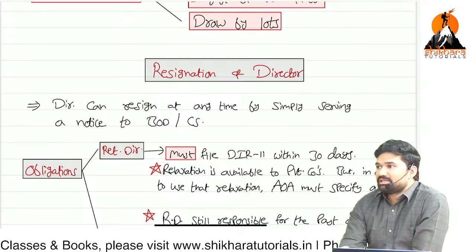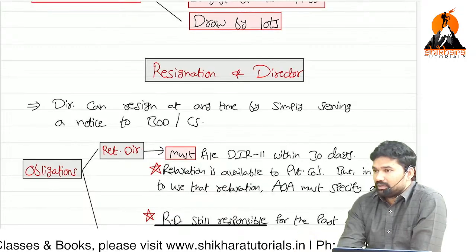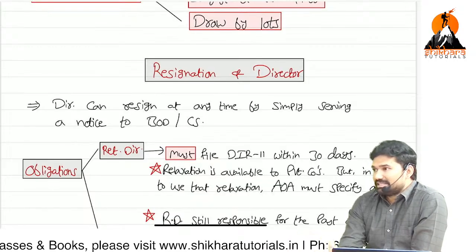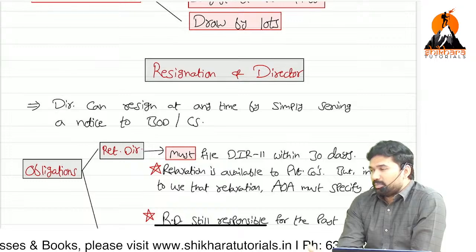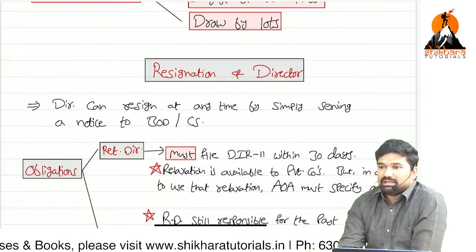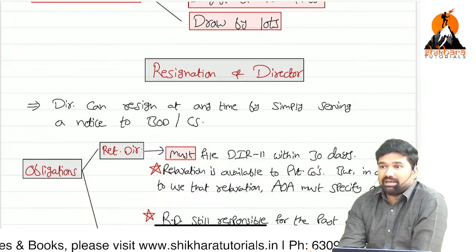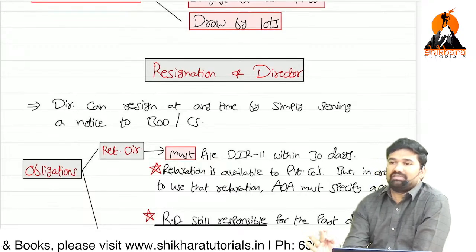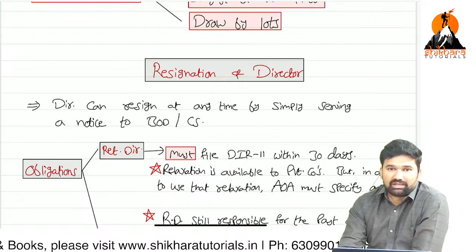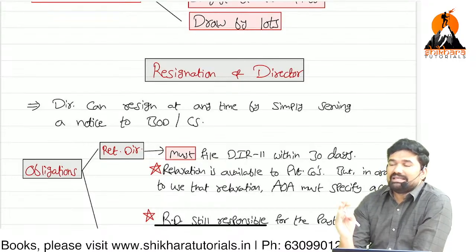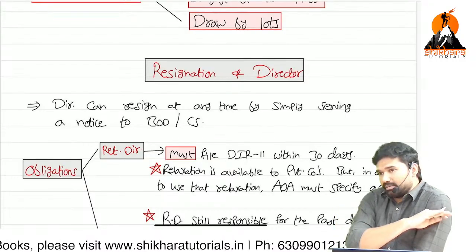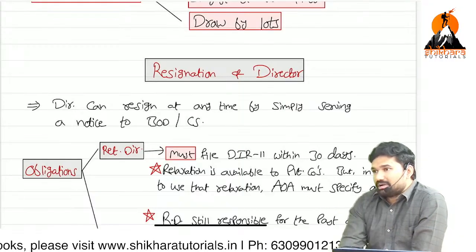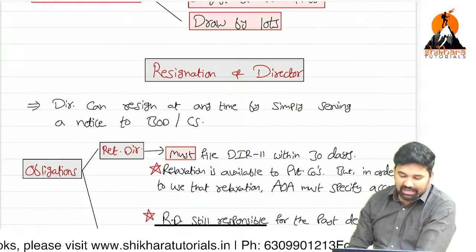The leftover topics will be KMP, key managerial persons, remuneration of directors, and section 185, loans to directors. If we complete these 3 topics, directors and KMP will be 100% completed.